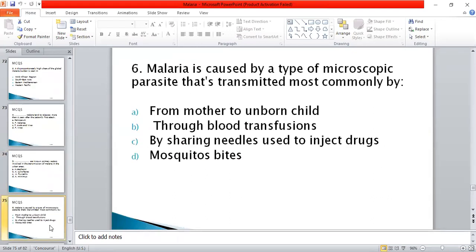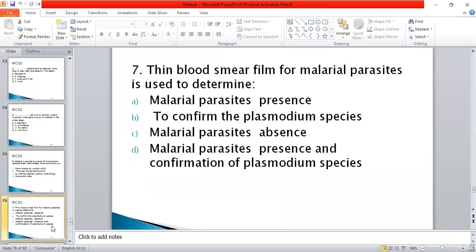Malaria is caused by a type of microscopic parasite that is transmitted most commonly by mosquito bites. A thick and thin smear film for malaria parasite is used to determine whether malaria parasite is present and to confirm the plasmodium species.